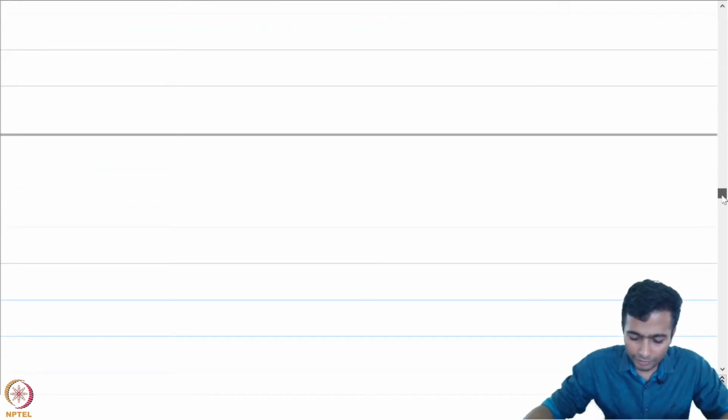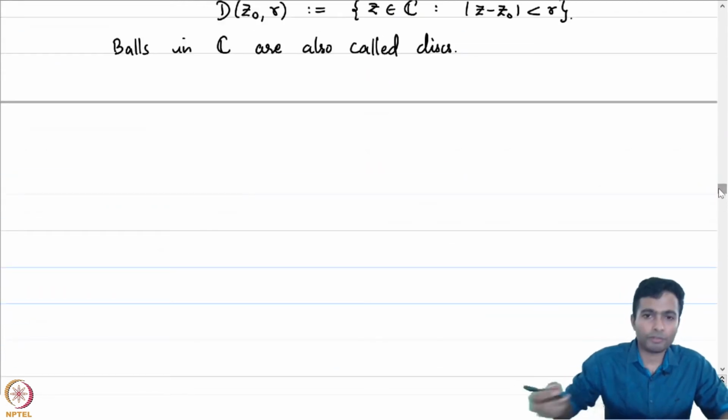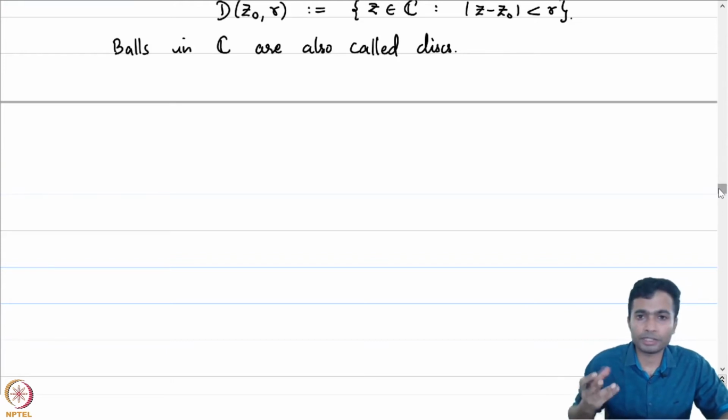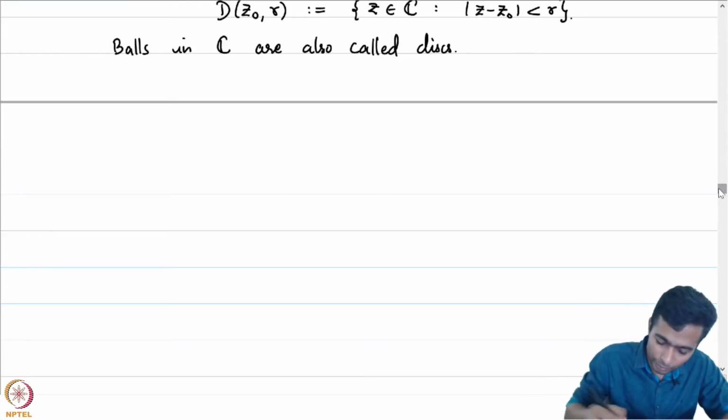Okay, let's now recall the definition of what is the meaning of a set being open in a given topological space.